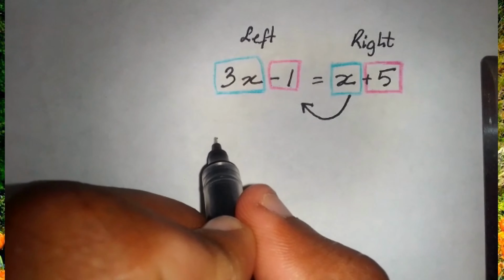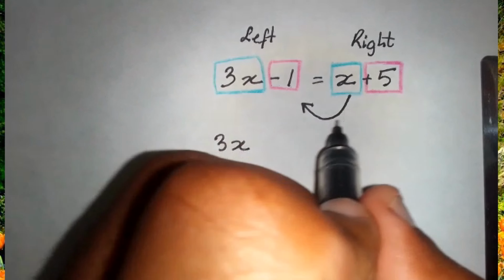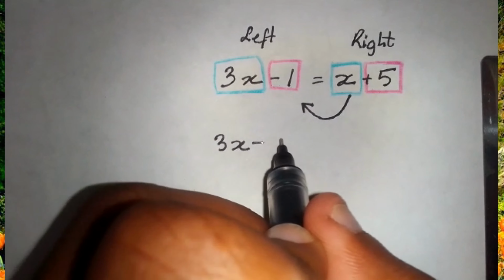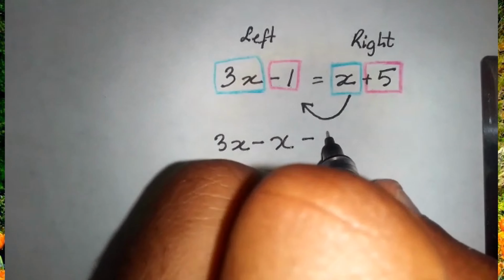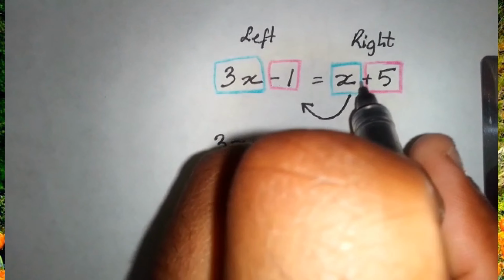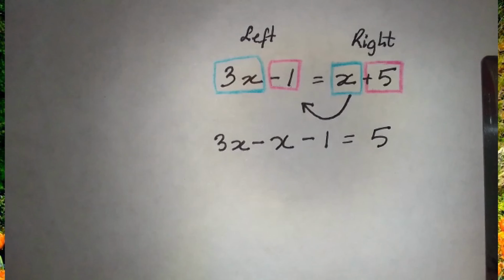So I'm going to have 3x, and because I'm moving from the right to the left, I'm changing the side. The sign is going to change from positive x to a minus x. I keep my minus 1, and if x is no longer on the right side, just this positive 5 will stay on the right. So we're good so far.